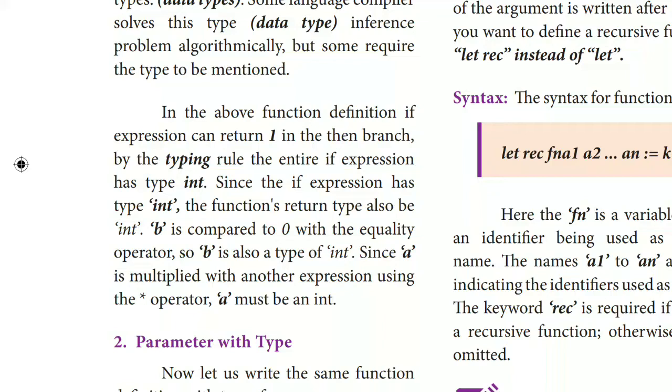So b is compared to 0 with the equality operation. So b is also a type of int. Since a is multiplied with another expression using the star multiplication operator, which is an arithmetic operator, a must be an int.